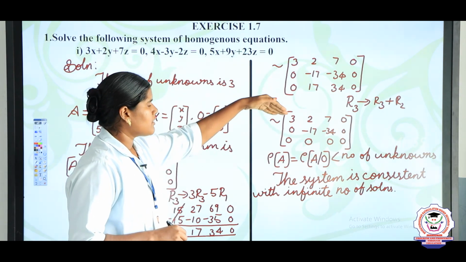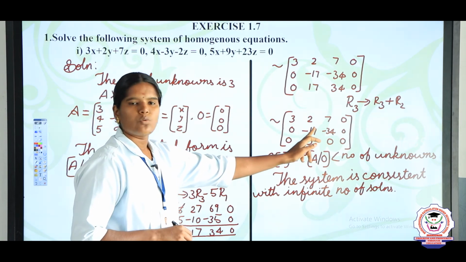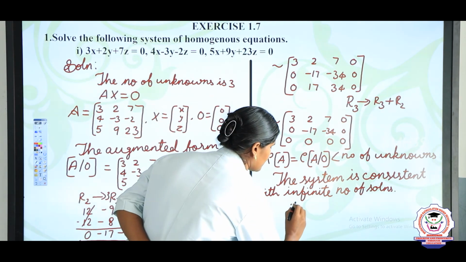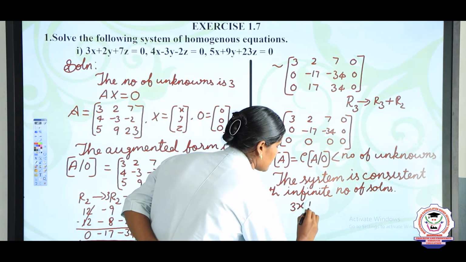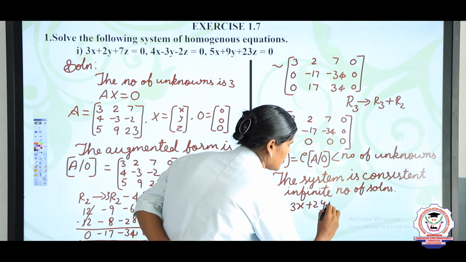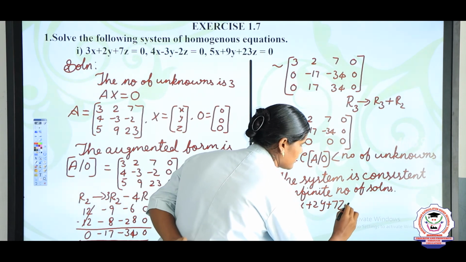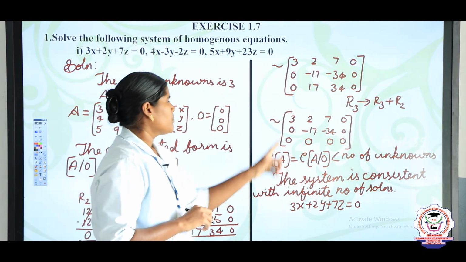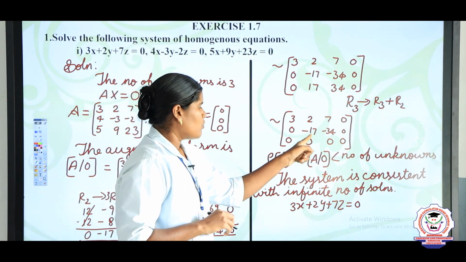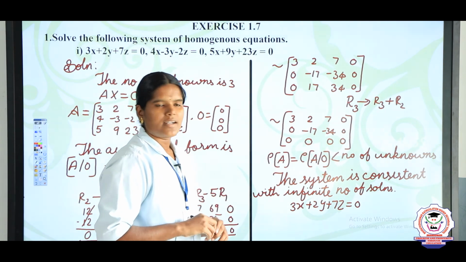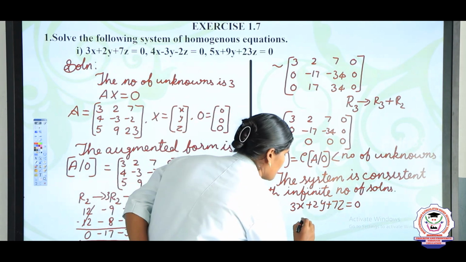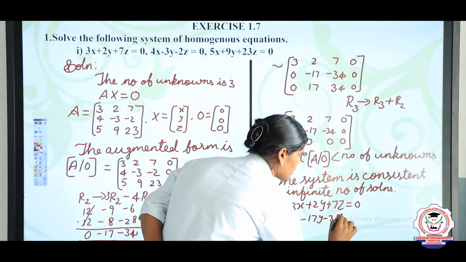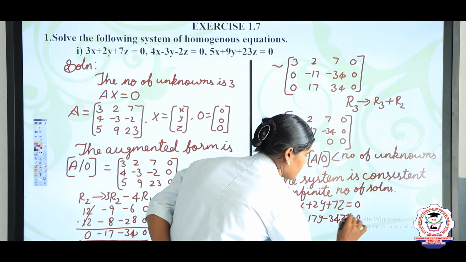So, our first equation is 3x plus 2y plus 7z equal to 0 and second equation is minus 17y minus 34z equal to 0.